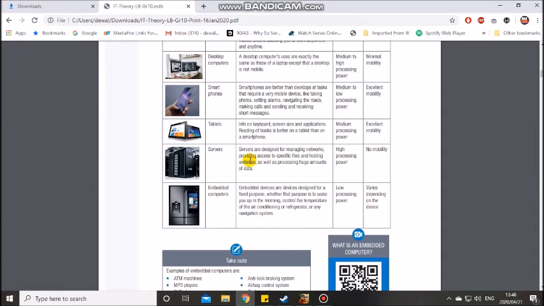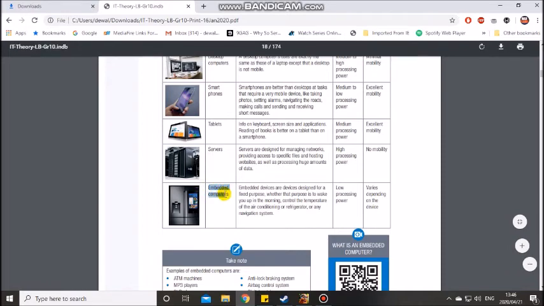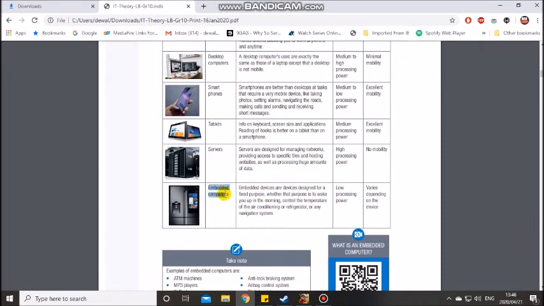Then we get embedded computers. Embedded computers are basically devices designed for a fixed purpose. So that would be basically something like a temperature air conditioner system, a refrigerator, or like a GPS basically. They have very low processing power, and the mobility basically varies depending on the device.